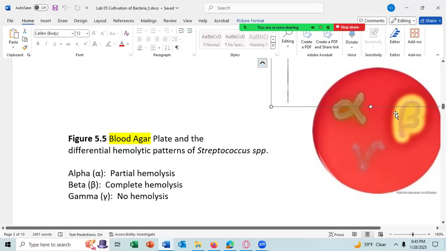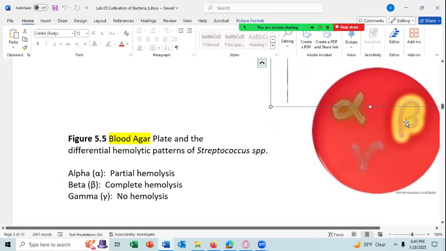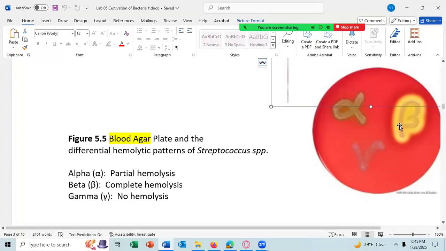So all of the red blood cells in the clear region are lysed, and you can actually see through this region of the plate. I like to hold it up to look at the clock or the light bulb. You can see through the clear region of the plate. You can't see through the beta because that's the bacteria, and you can't see through the red region either.